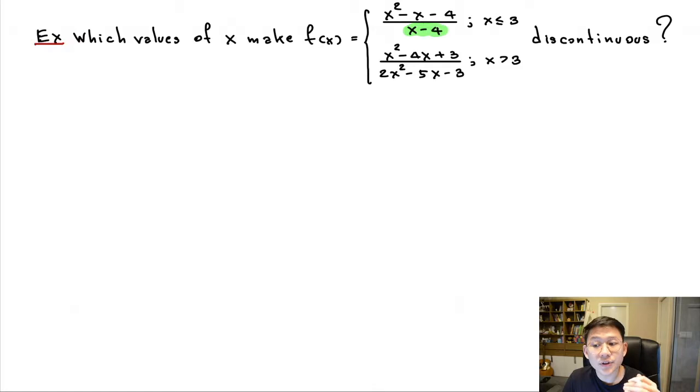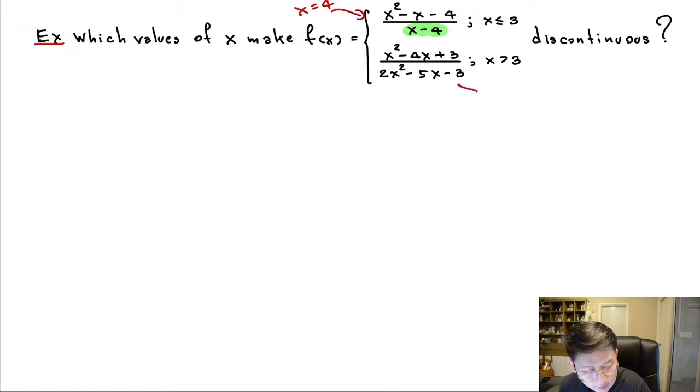This is going to be 0 when x is 4. But if x is 4, it violates this condition, because here x is always less than or equal to 3.